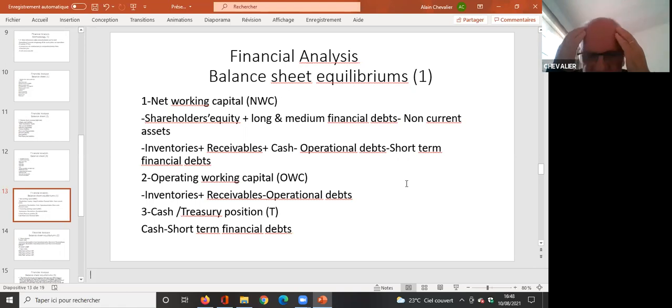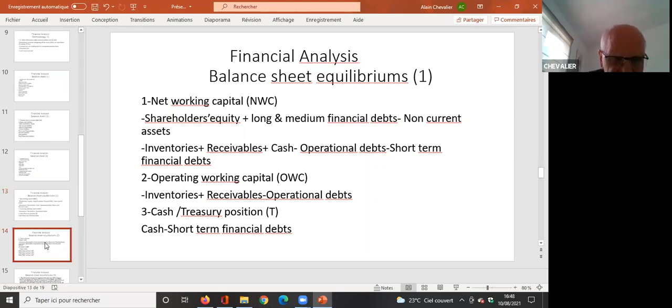So we will see that again in the M&A course. But a company with a large negative operating working capital is potentially a bidder on the acquisition market. So this is what I wanted to present to you in terms of equilibrium.